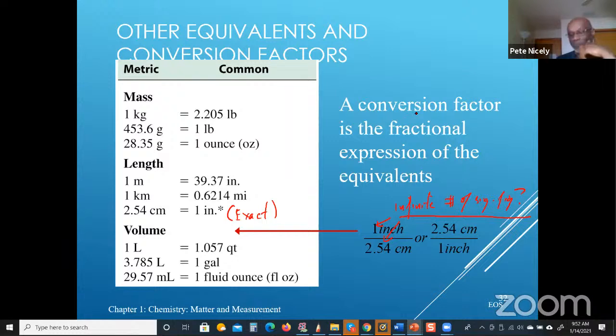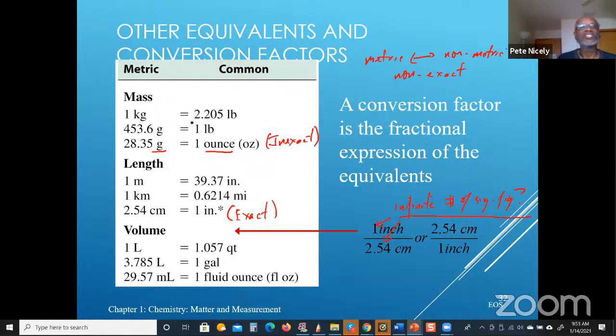Now, let me just say this. Apart from that, all other relationships where you're going from metric to non-metric or vice versa, right? Those relationships are considered to be non-exact or measured, all right? So what I'm talking about here is, for example, the relationship between the gram unit and the ounce unit given here, right? This would not be exact, so this would be inexact, all right?